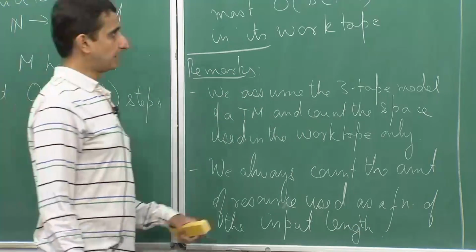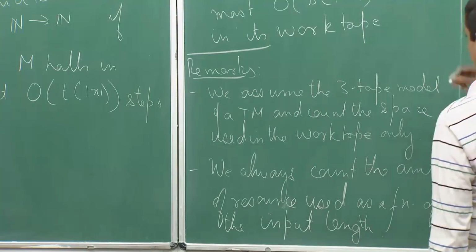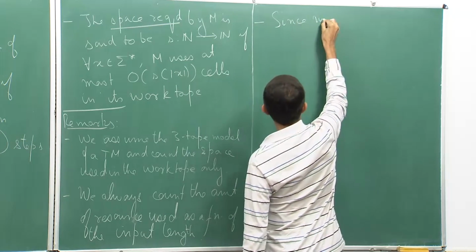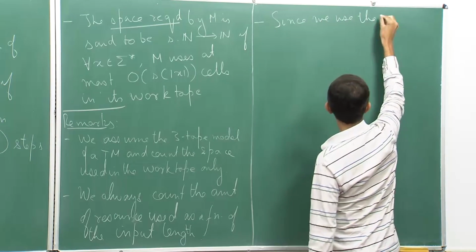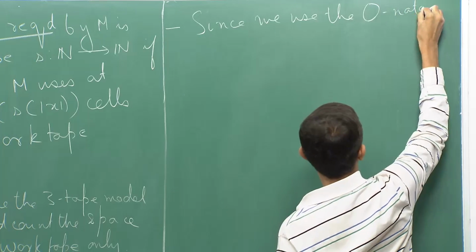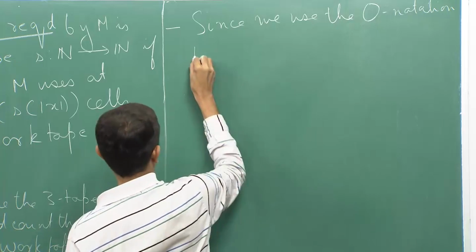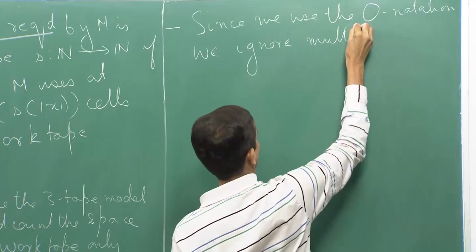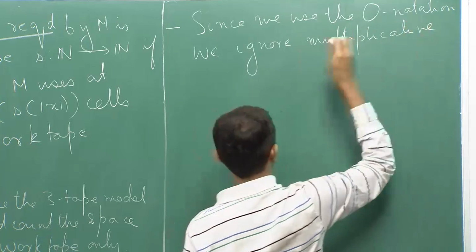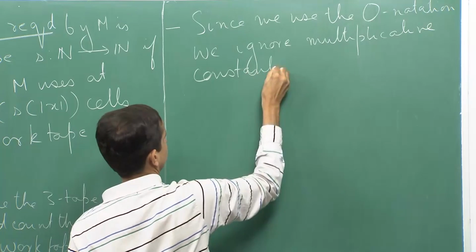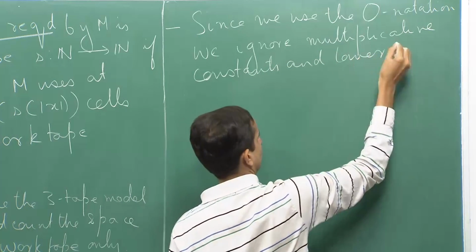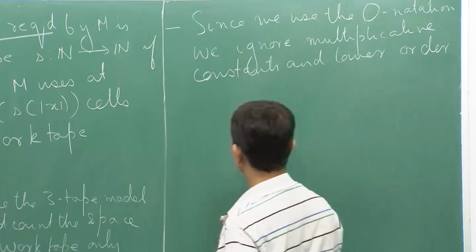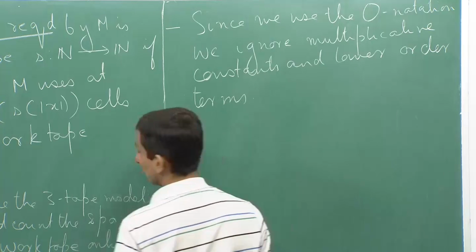Okay. So, this is very important. And since we use the big O notation, we ignore multiplicative constants and lower order terms. Okay.